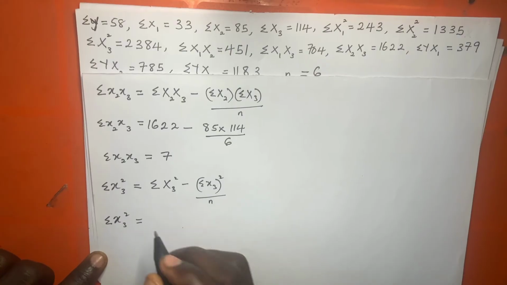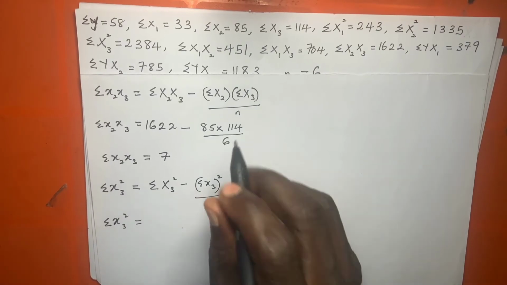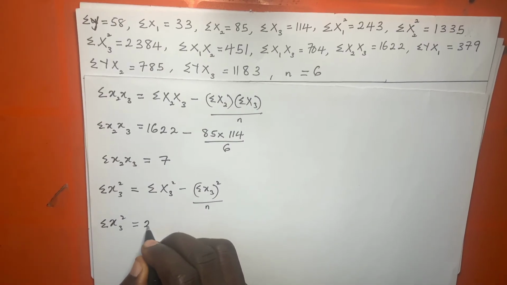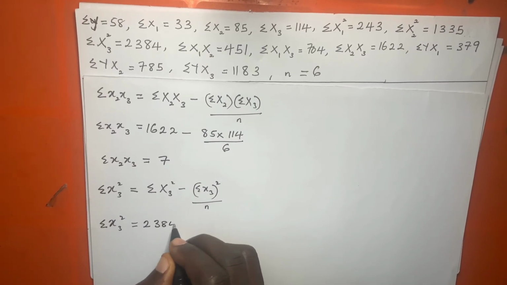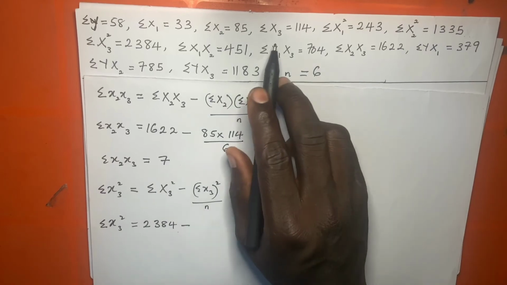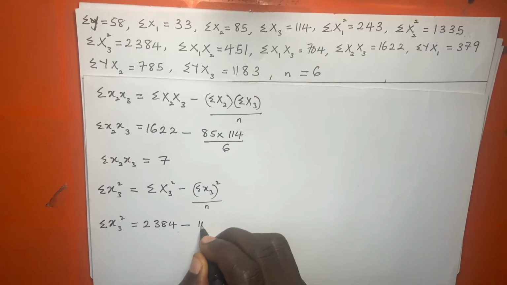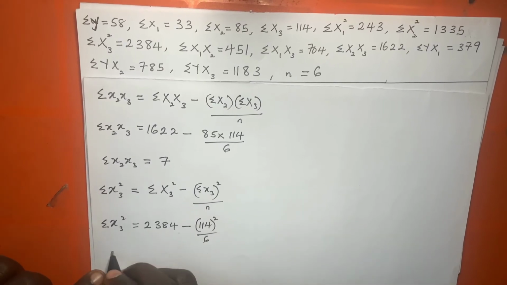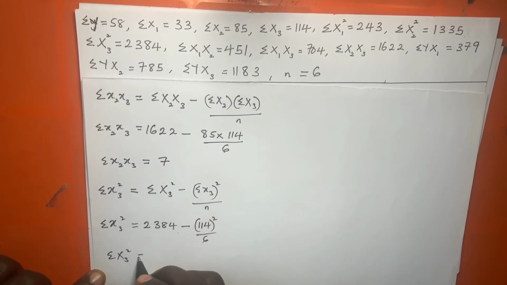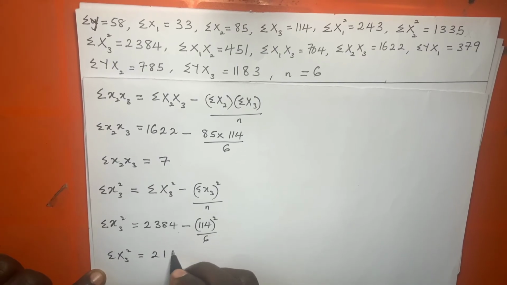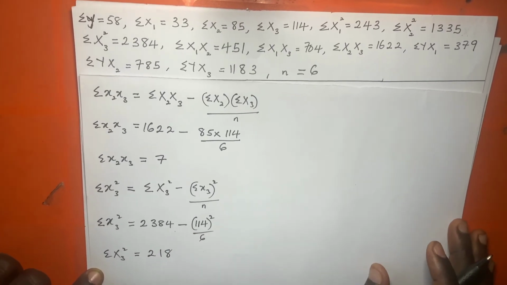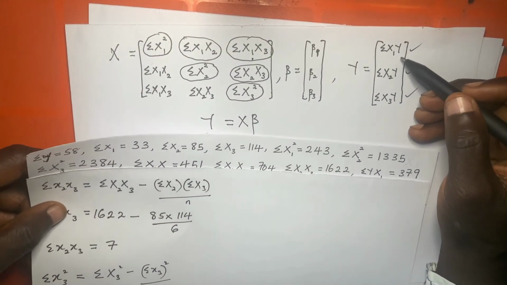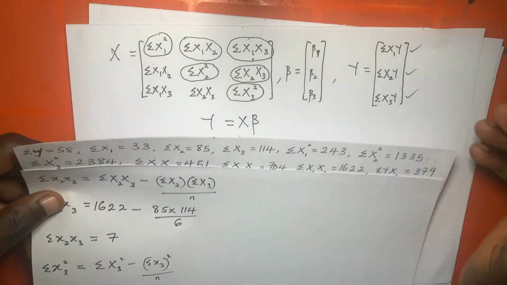From here we have 2384 minus 114 square divided by 6. If we calculate summation x3 square here, we're going to have 218.